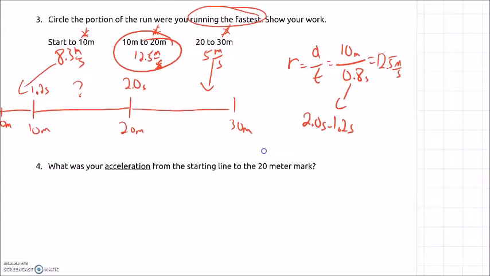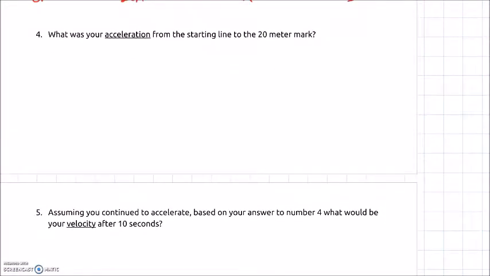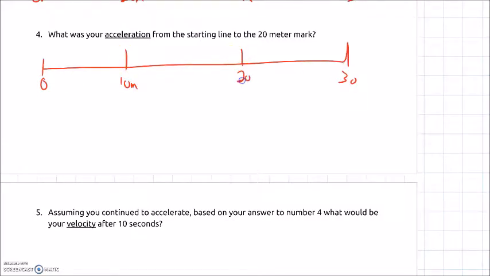Number 4, what was your acceleration from the starting line to the 20-meter mark? So we have our run from 0 to 30, 10 meters here, 20 meters here.